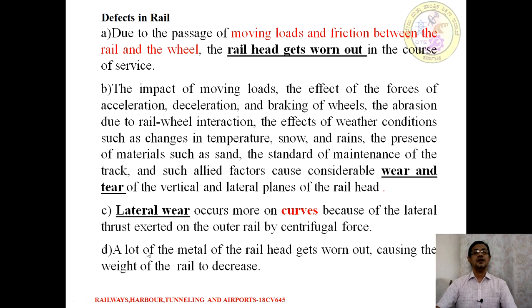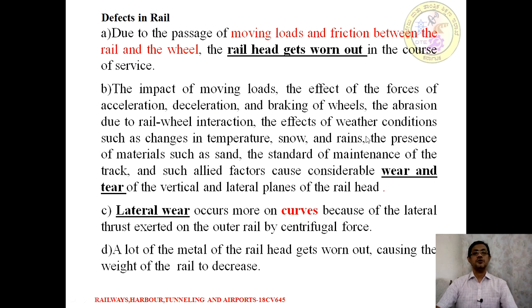These are the common types of defects which occur in the service period of a rail. First, the rail head is worn out due to moving wheel load and friction. The wear and tear of a rail section is due to external agencies or causative factors like moving wheel load, acceleration or deceleration.